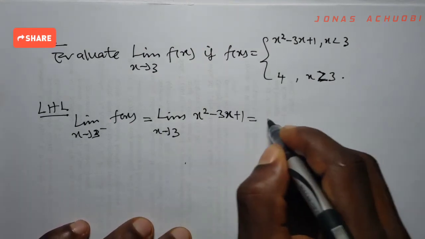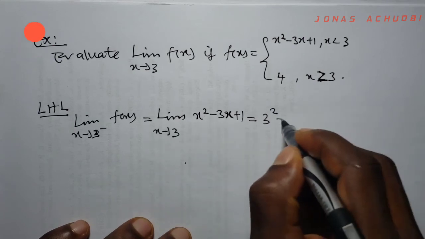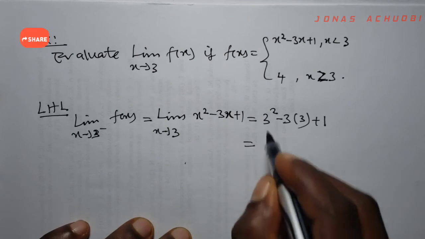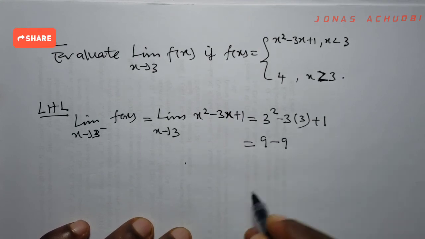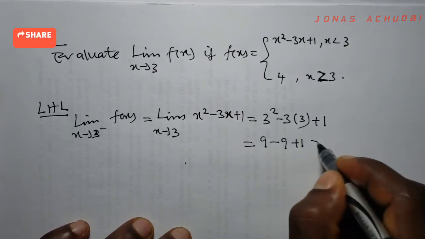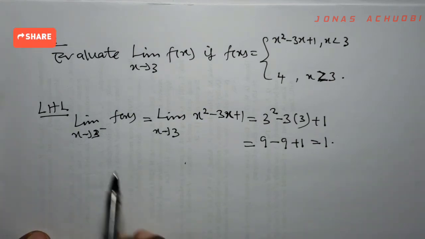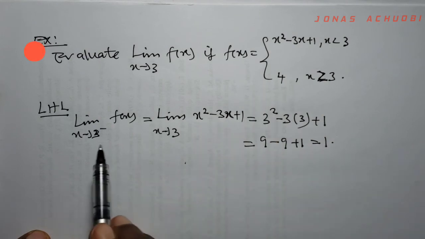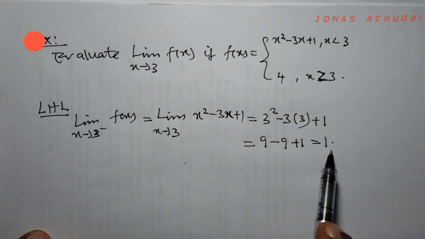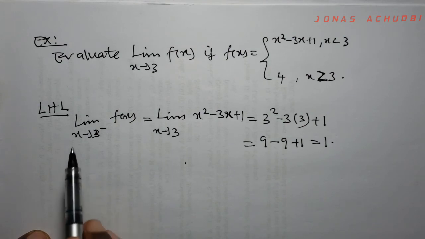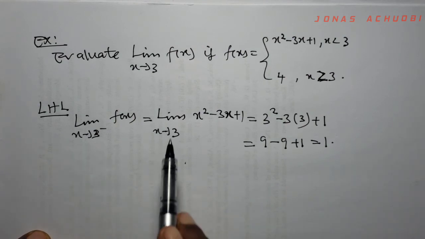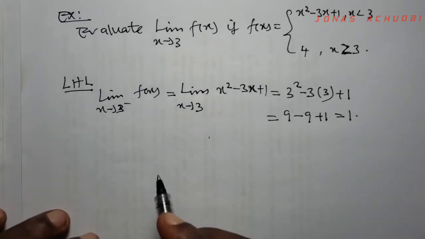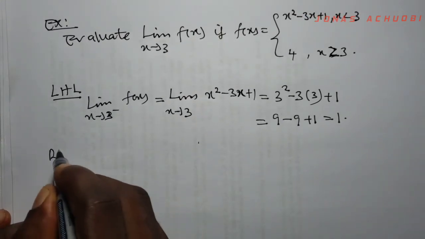So the limit is given as 3 squared minus 3 into 3 plus 1. This is 9 minus 9 plus 1. And the answer is 1. So the left hand limit of this piecewise function as x tends to 3 is what? 1. That means on the left hand side, as x approaches 3, this function approaches what? 1.